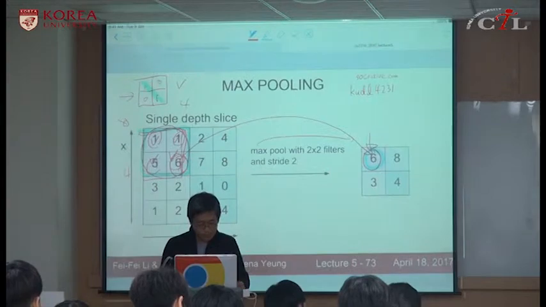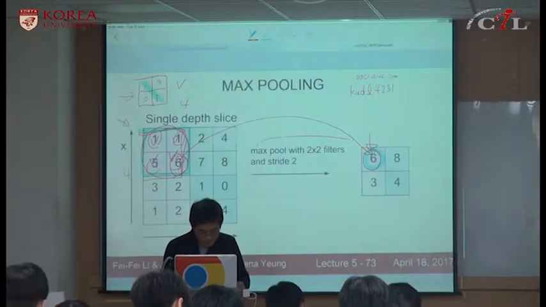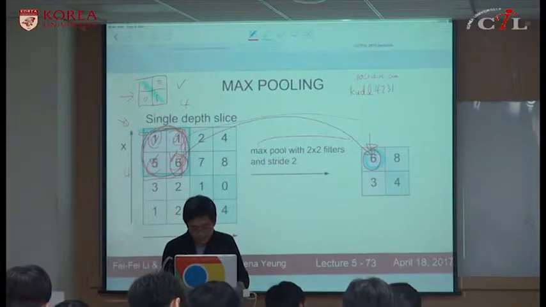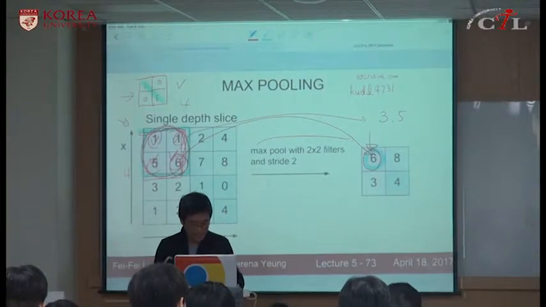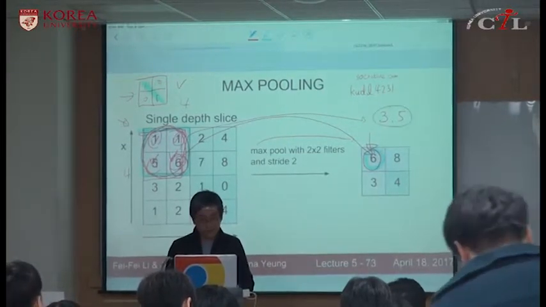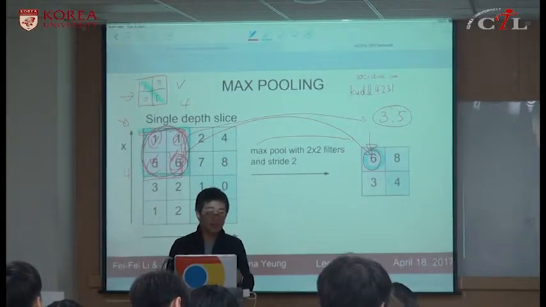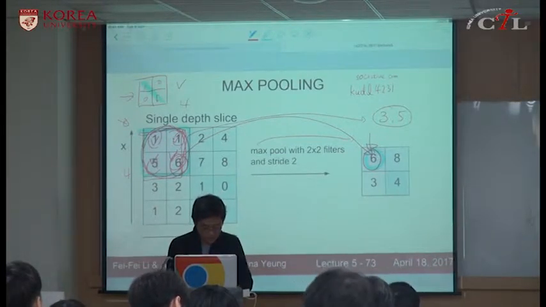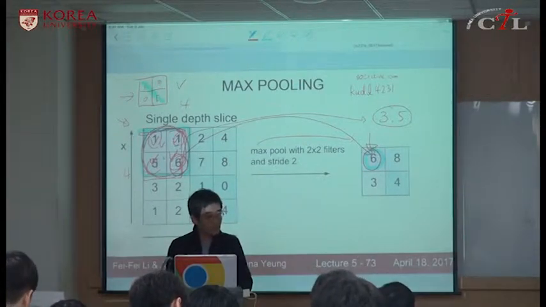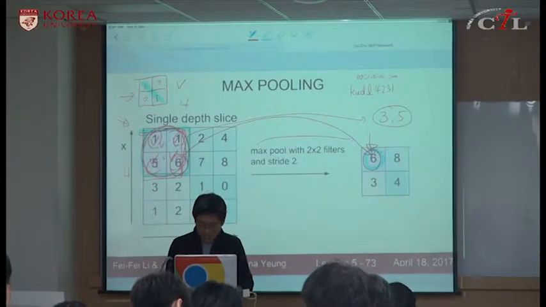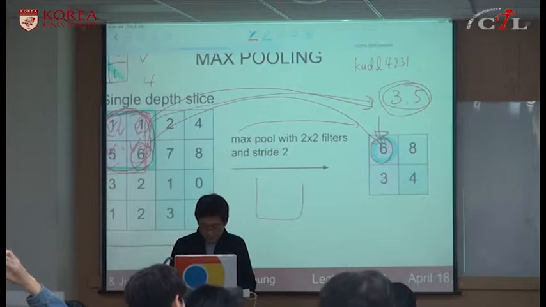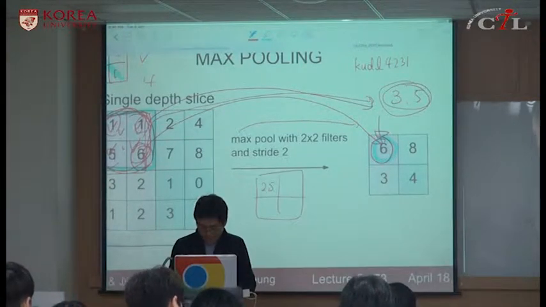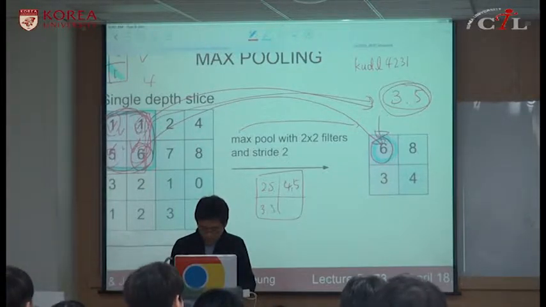But if we use average pooling and take the average of these values, it will be around 3.5, just a rough value. Even though this 3.5 can be a better representative of the 4 different pixel activation values, it can be computed from this pattern, or it can be computed from maybe 2.5, 4.5, 3.5, 3.5.